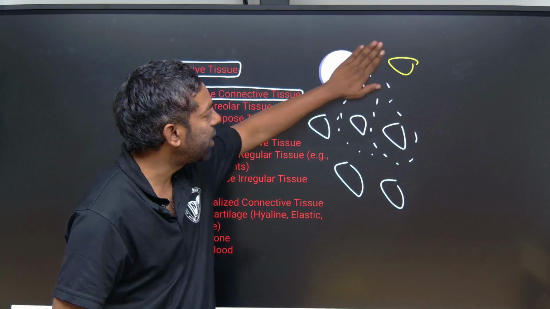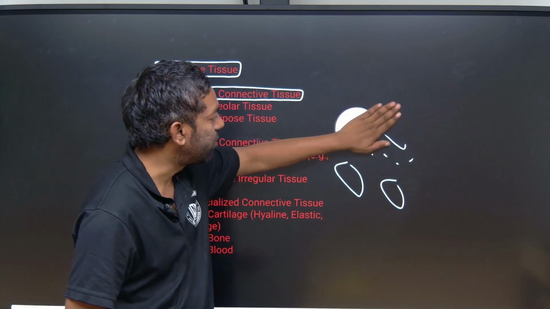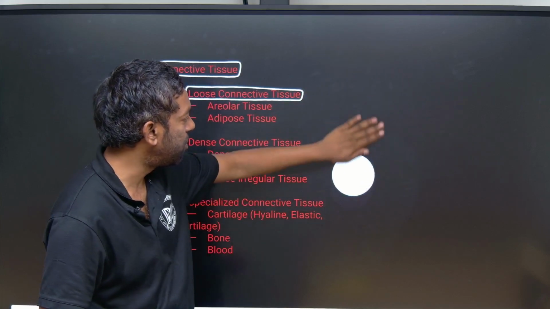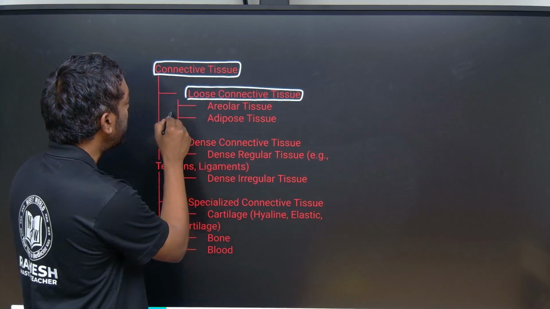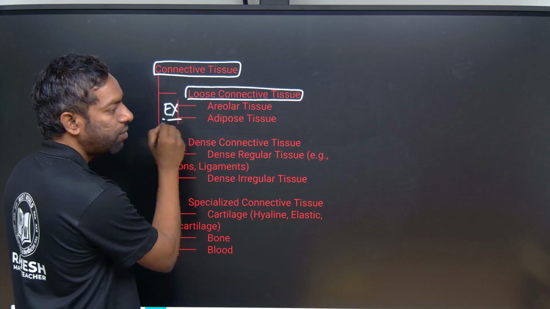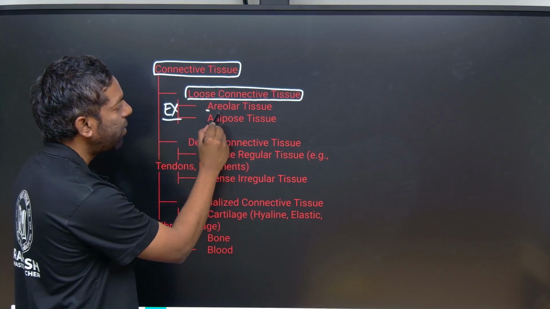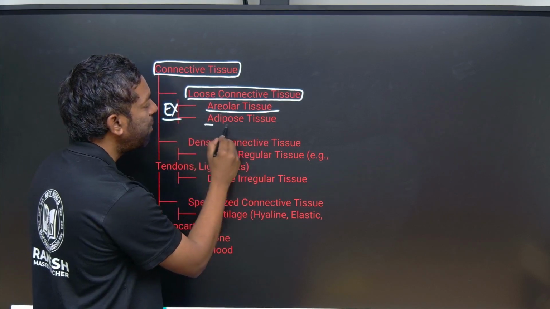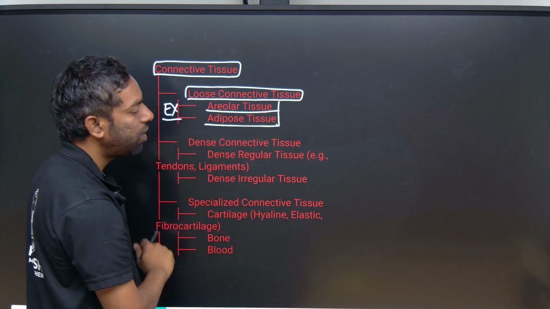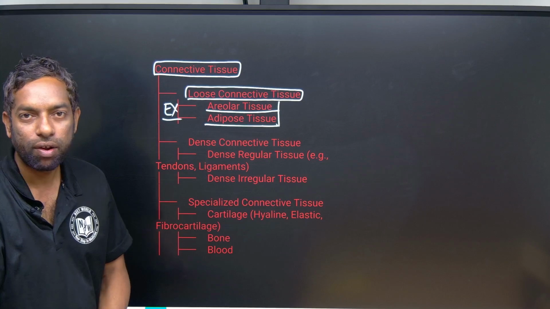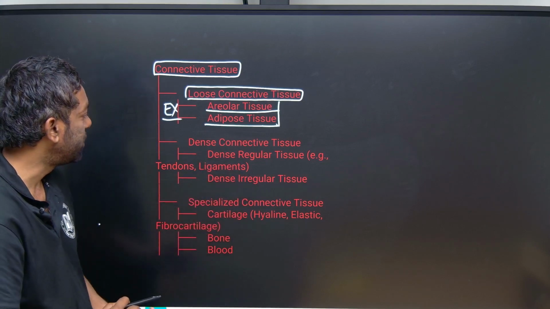We are going to discuss it in detail later. Examples of loose connective tissue are areolar tissue and adipose tissue.